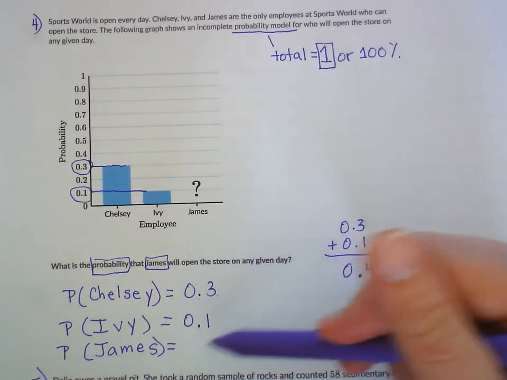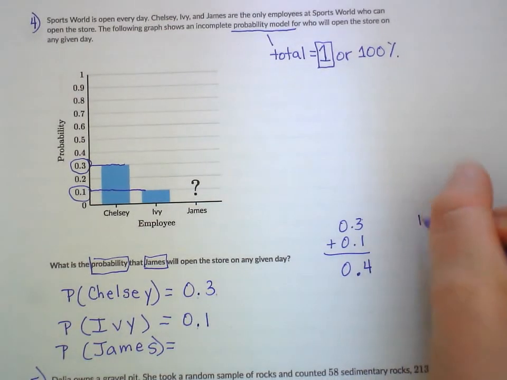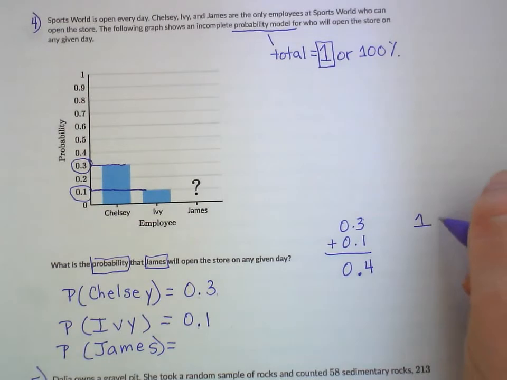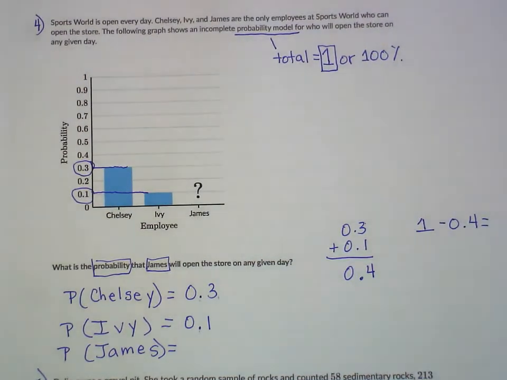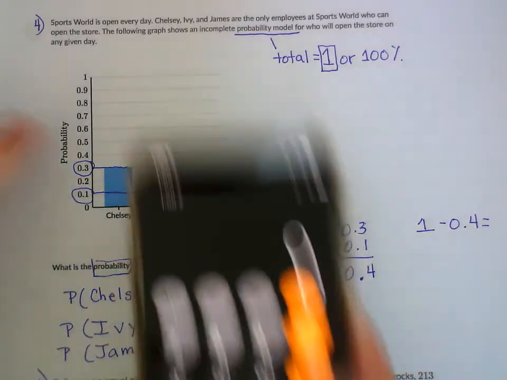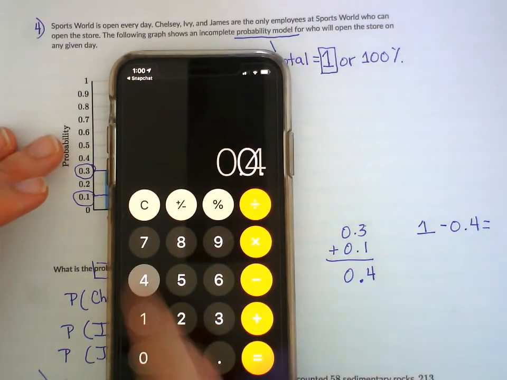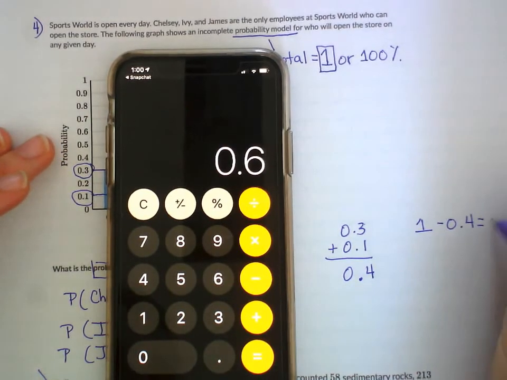So how much is left for James? Well, total it has to be 1, and we have 0.4. So 1 minus 0.4. You can do it by hand, or you can use your calculator. 1 minus 0.4, 0.6.